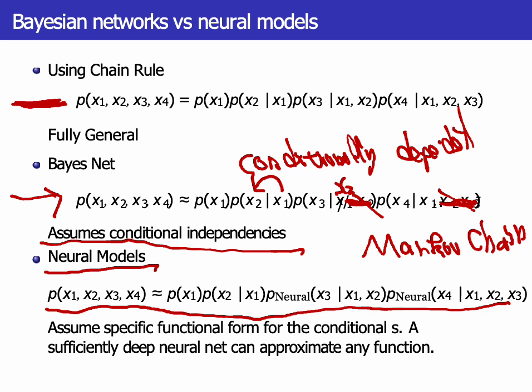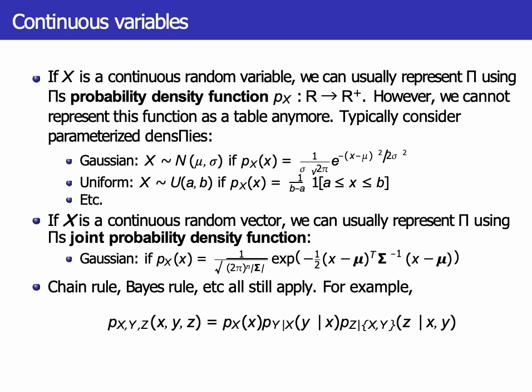So assume a specific functional form of the conditional. A specific deep neural network can approximate any function with this conditionally independent Bayes network. So now finally we discuss continuous variables.